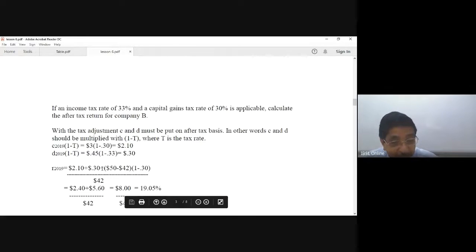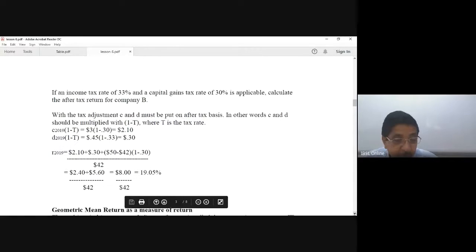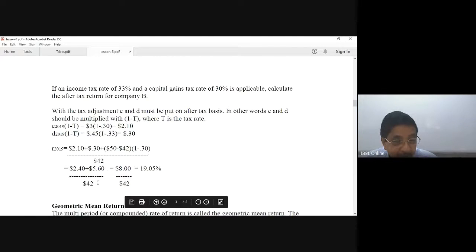Now that difference also has to have the tax rate applied, because it is also capital gain. So the capital gains tax has to be included there as well. So we have to multiply that by 1 minus 0.30. So then after the calculations, you will get 240 plus 560 divided by 42. So that is 19.05.